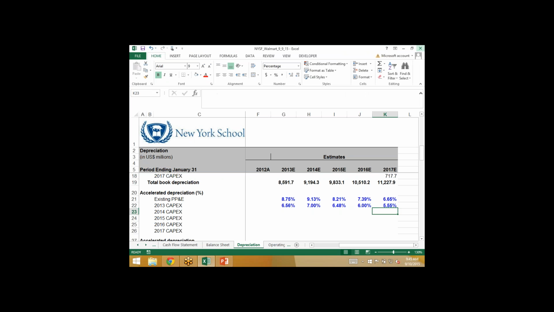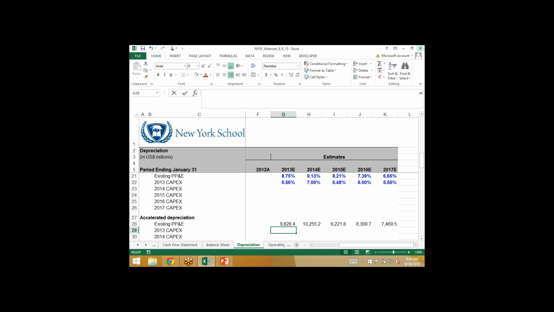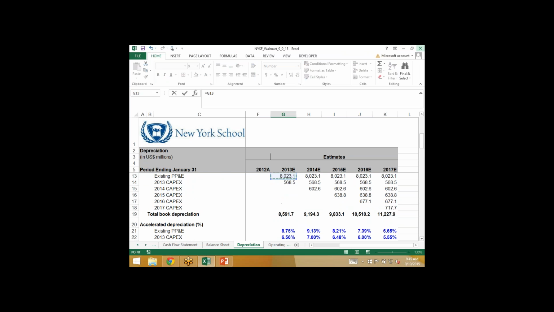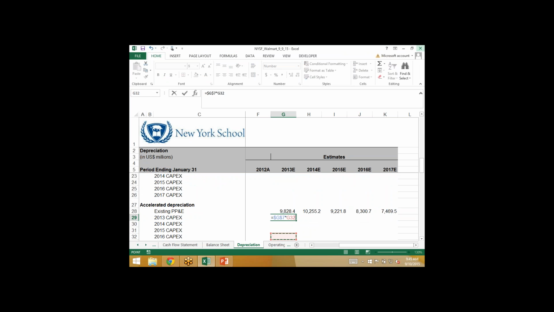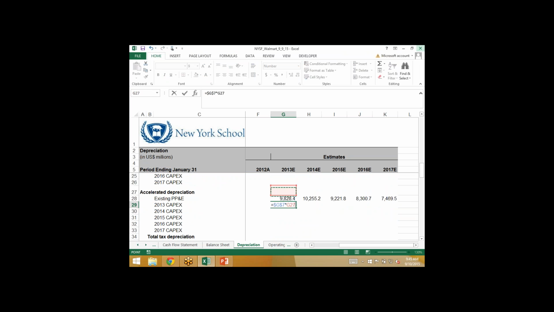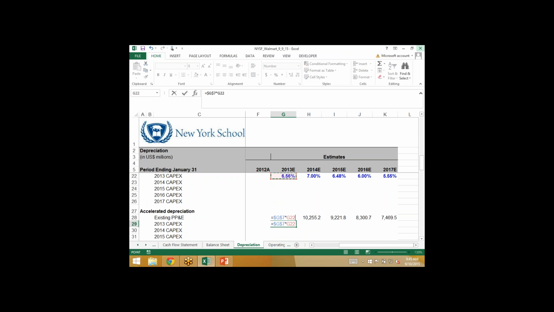So in the first year, we're going to take the value of the PP&E in 2013. It's the 14 billion times the percentage, 6.56. And what I've done was I've anchored the reference to the Capex so that when I copy to the right, the reference to the Capex does not move, because you're multiplying each percentage as you go forward by the same core Capex, right?